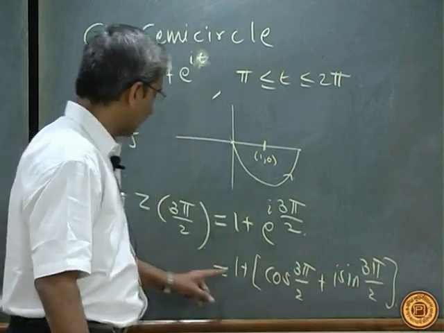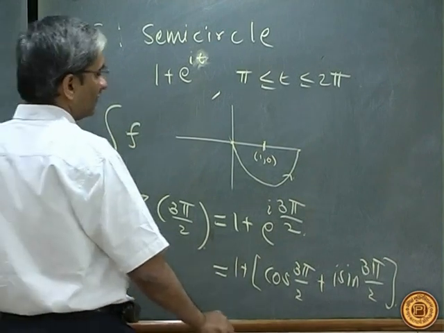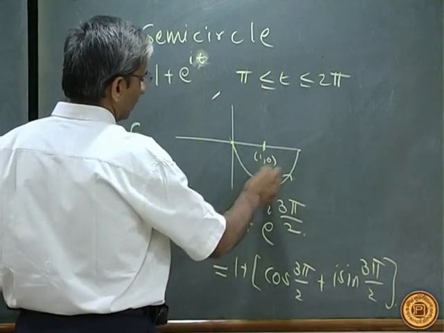So this is minus i. So 1 minus i. So you will get the point (1, -1).